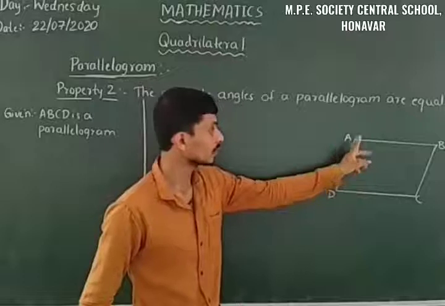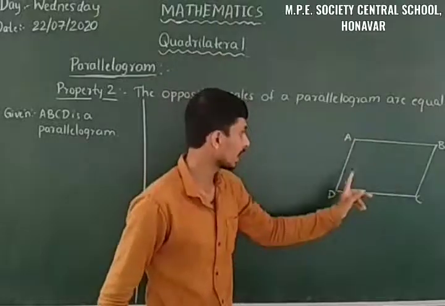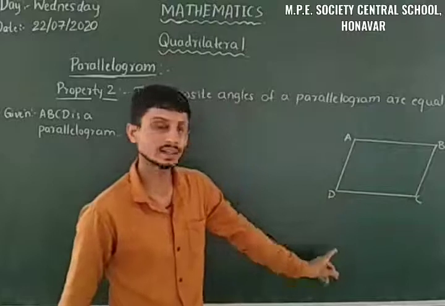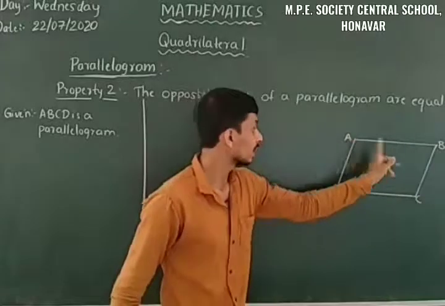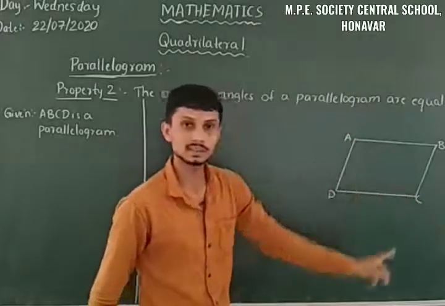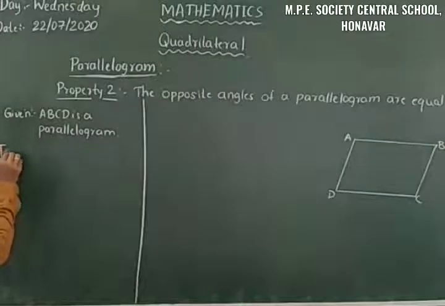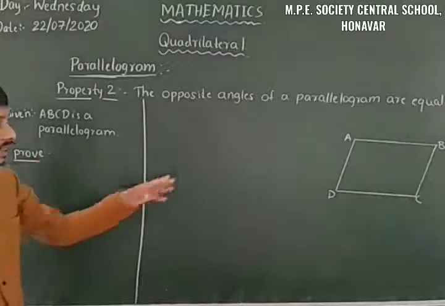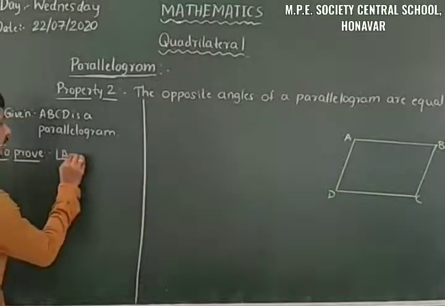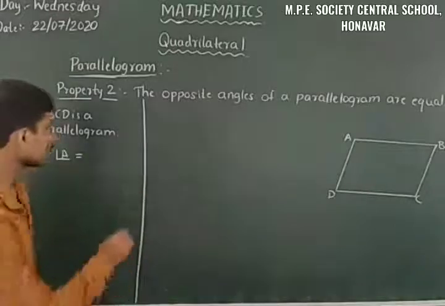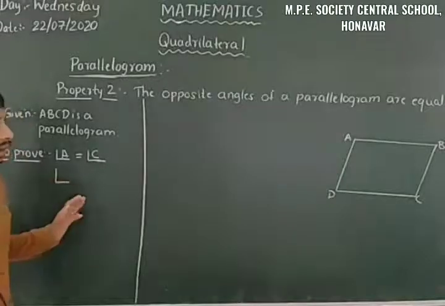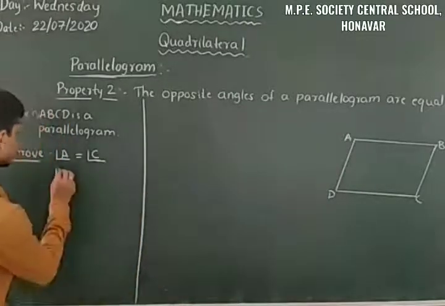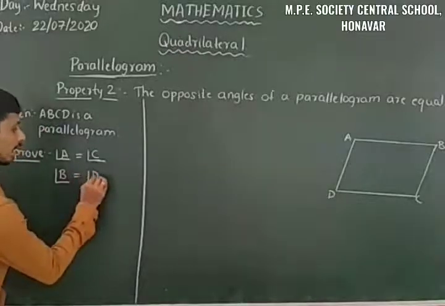That means we have to show angle A is equal to angle C and angle B is equal to angle D. So angle DAB is equal to angle DCB and angle ABC is equal to angle ADC. So to prove: angle A is equal to angle C, then angle B is equal to angle D.